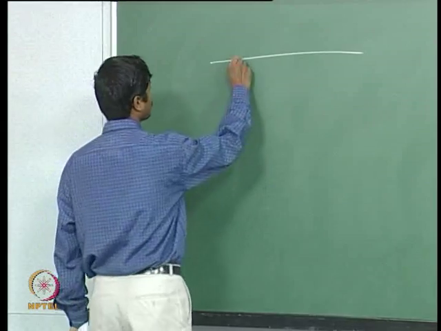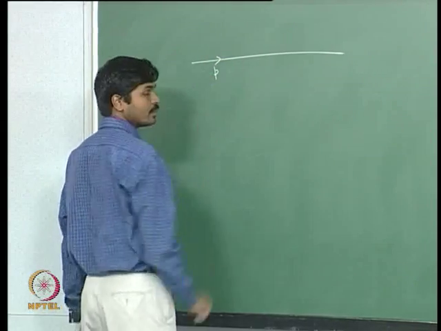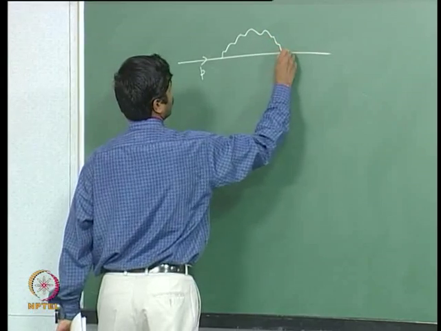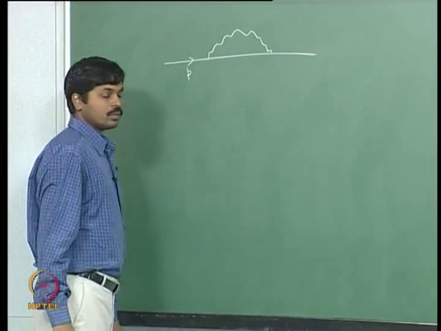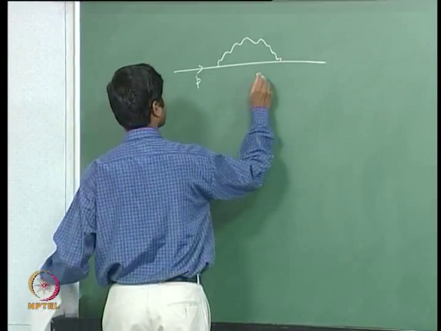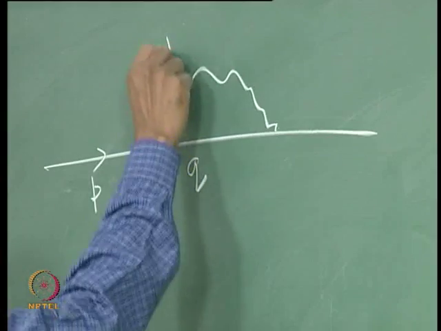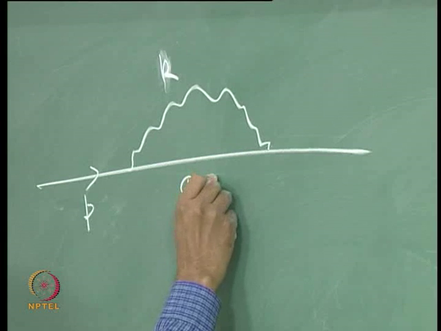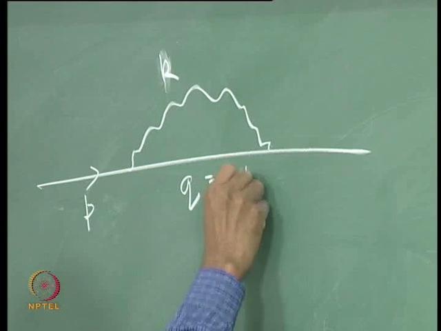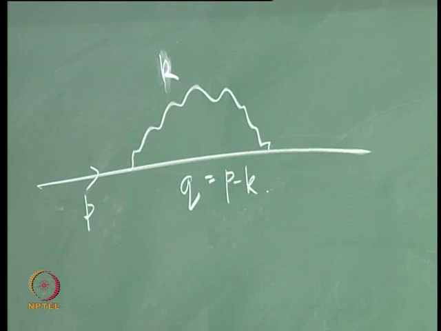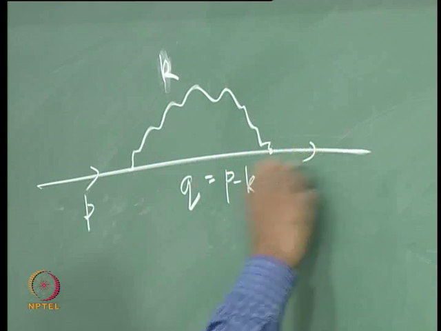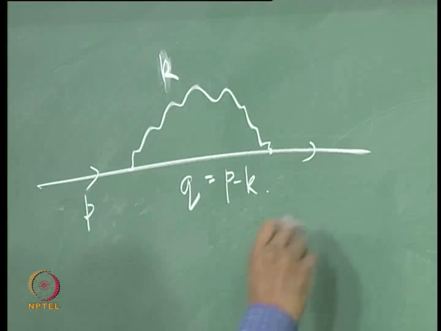You have an incoming electron of momentum p, and you have a fermion of momentum q, a photon propagator of momentum k. So, q is just p minus k. Four-momentum is conserved at each vertex, therefore, you again will have an outgoing electron of momentum p.